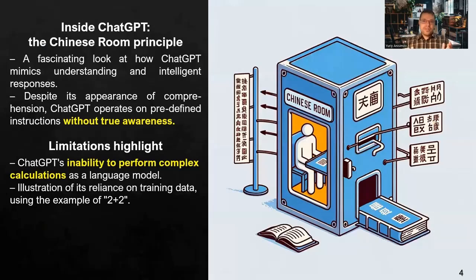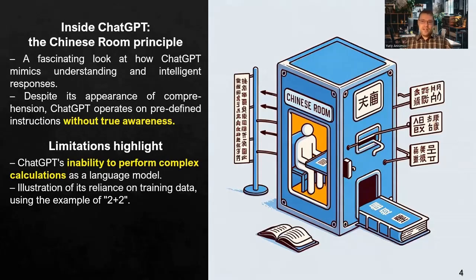And actually, what is the principle? Because we talk with ChatGPT as with a human, and it seems that ChatGPT responds to our queries like a human. But in fact, no. ChatGPT is just a machine, and it processes information according to the so-called Chinese room principle.